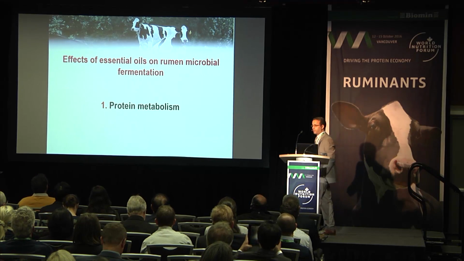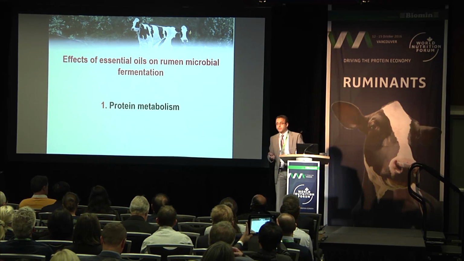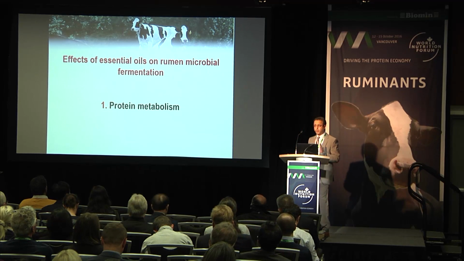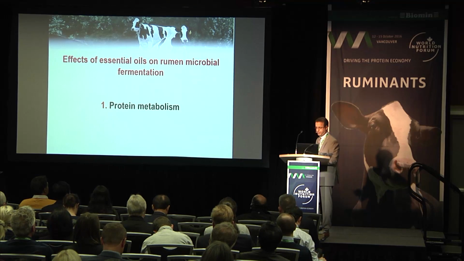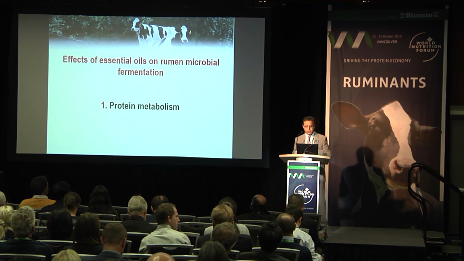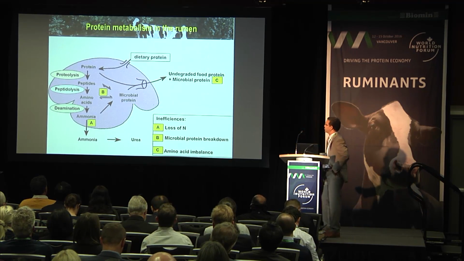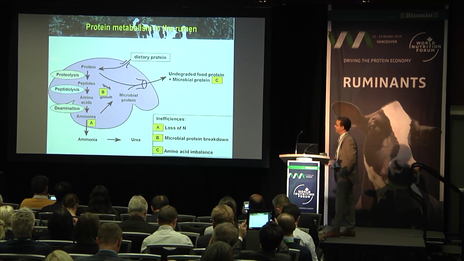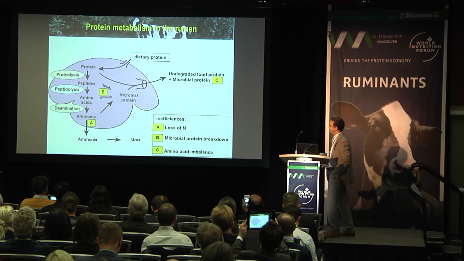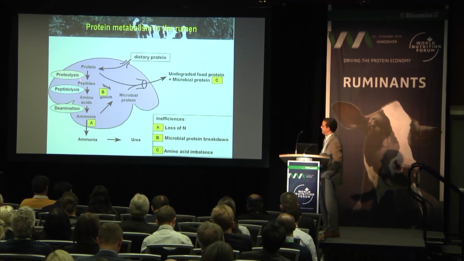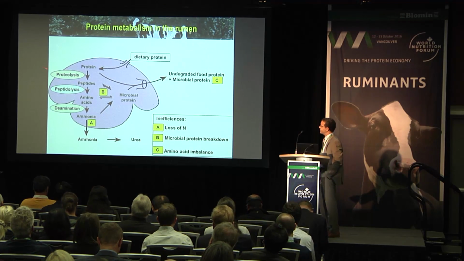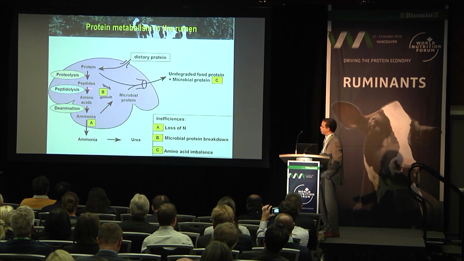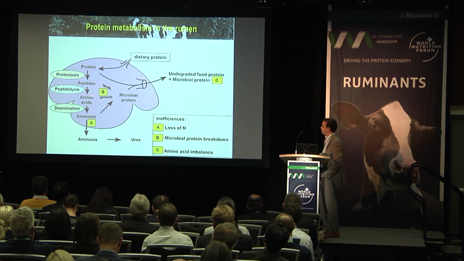So the objective with using essential oils is to improve, as I mentioned earlier, the efficiency of protein and energy utilization in ruminants. So let's start first with protein metabolism. As you know, protein metabolism in the rumen is a complex process that involves different steps. This is the catabolism of protein. You have proteolysis, the first step, which means the degradation of protein into peptides. Peptidolysis, which means the degradation of peptides into amino acids.